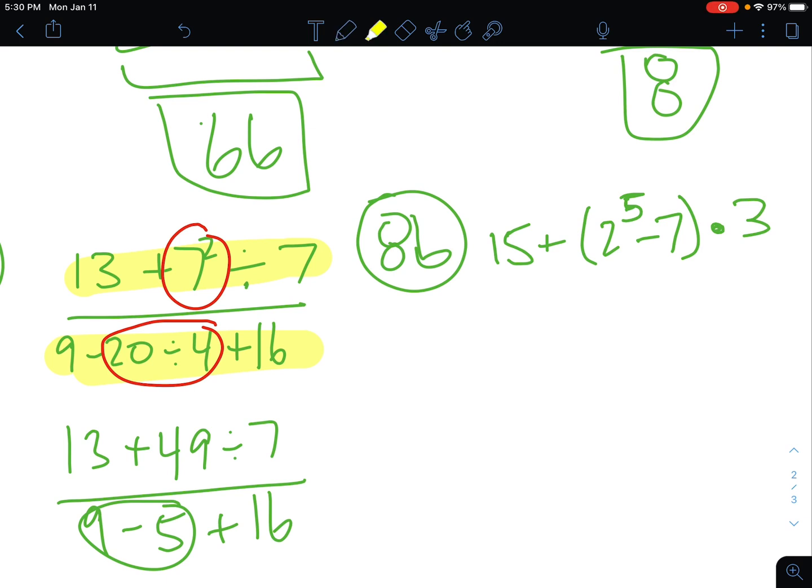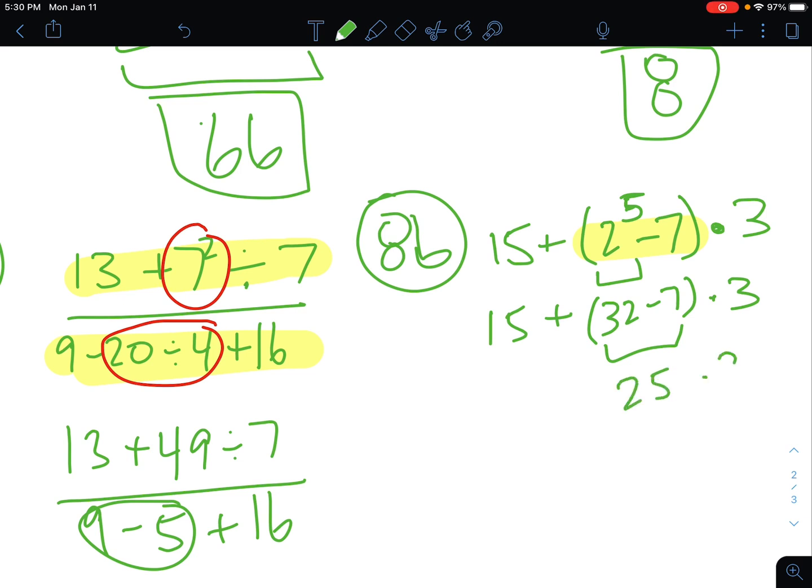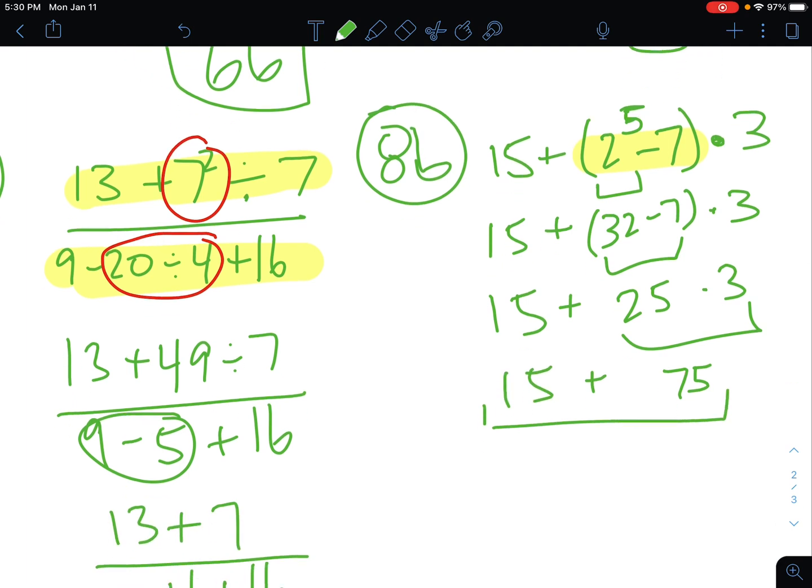So right here we do have parentheses, and within those parentheses we have an exponent, and 2 to the 5th is 2 times 2 times 2 times 2 times 2, which is 4, times 2 again is 8, times 2 again is 16, times 2 again is 32, minus 7, plus 15 times 3. 32 minus 7 is 25, times 3 plus 15. 25 times 3 is 75, plus 15 is 90.